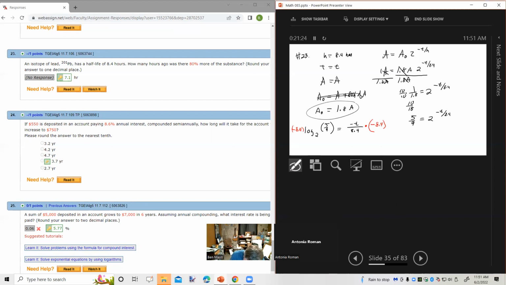On the left side, I'm going to get negative 8.4, and I'm going to go ahead and apply the change of base formula in this step: log of 5/9 divided by log of 2 equals t.